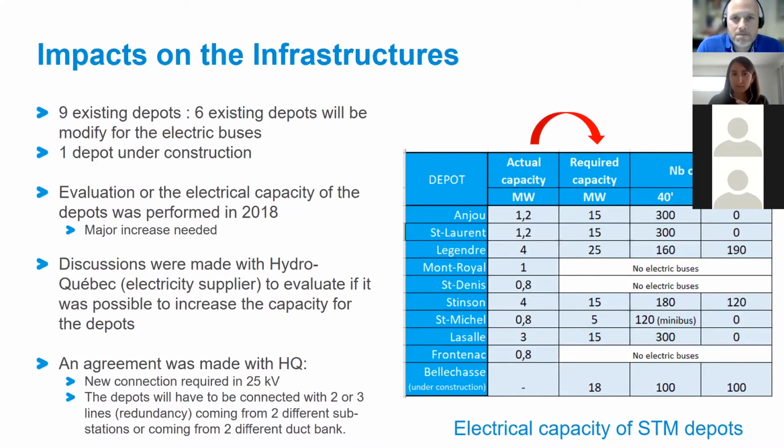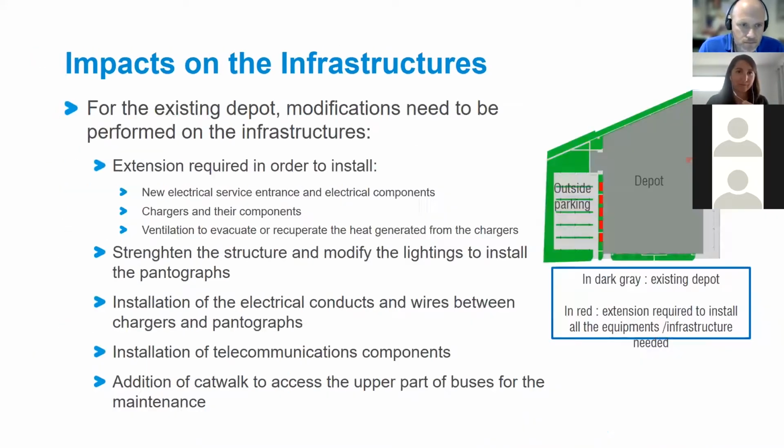We won't install any generator in our depot to charge the buses. So that's why we want a good connection from the grid with Hydro-Québec. Also, what we see is that each depot needs an extension in our existing depot in order to have electric buses.